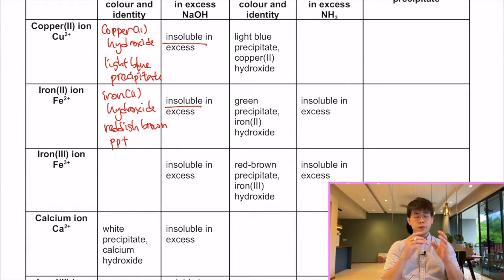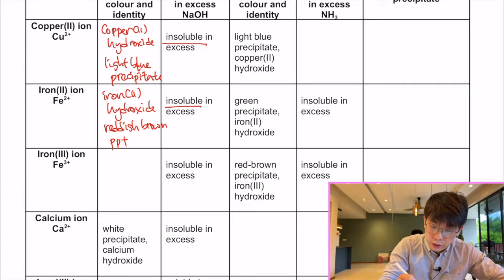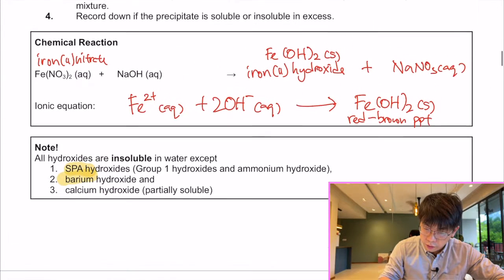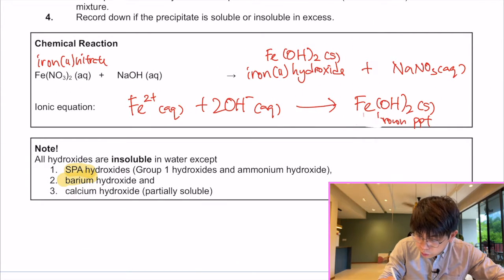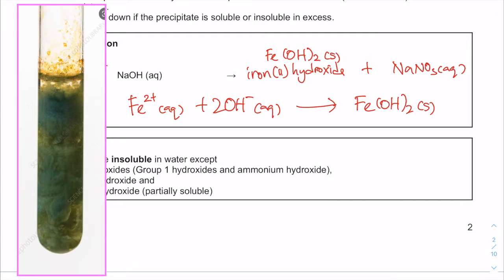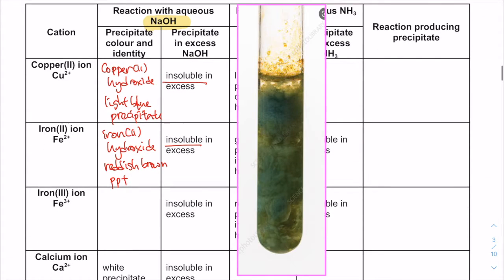That means the precipitate forms, but when you add more, it doesn't dissolve. Sorry, this is not reddish brown. Can we please change this? This should be a green precipitate. Sorry about that. Iron 2 should be green also, a green precipitate.